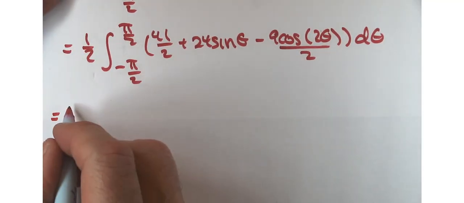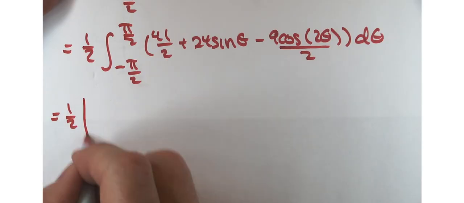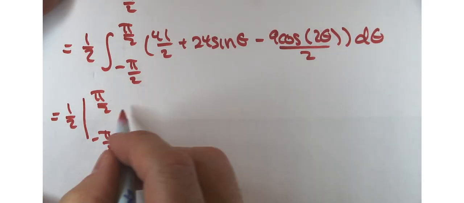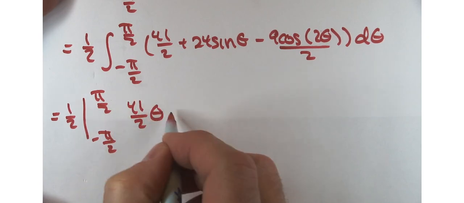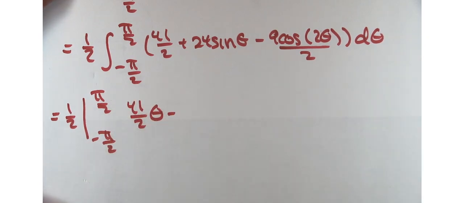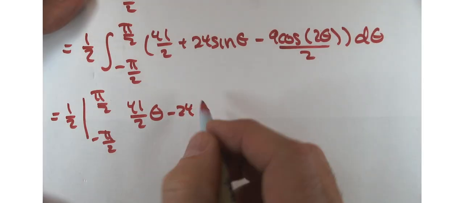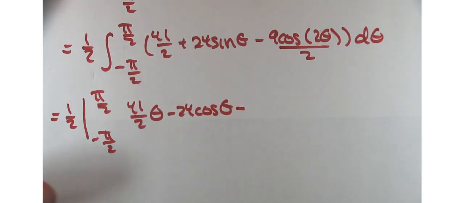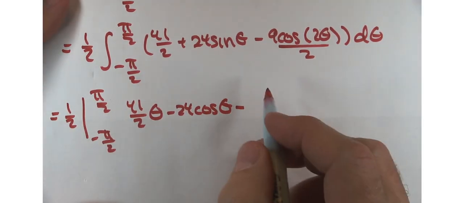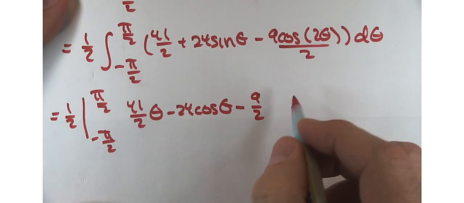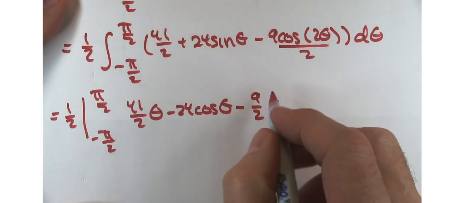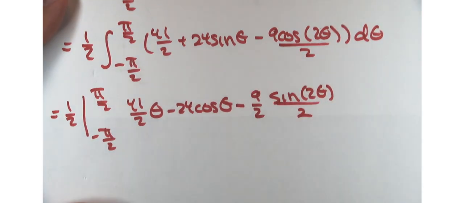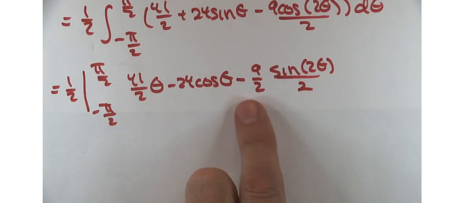So it's going to be 1/2, negative pi over 2 to pi over 2, of 41 over 2 times theta minus 24 cosine of theta, and then minus 9 over 2 times sine of 2 theta divided by 2. And those 2's can combine and make a 4 if you'd like. That's fine.